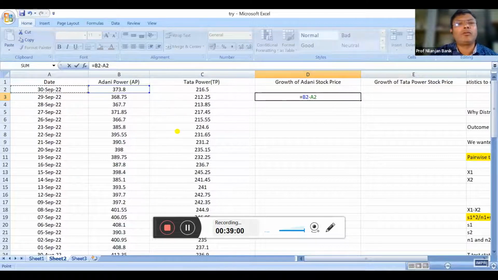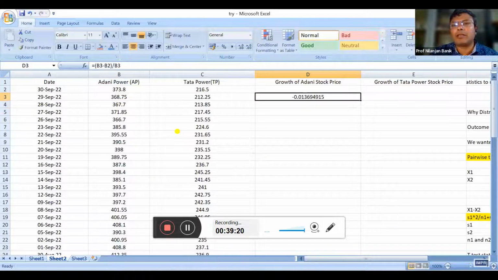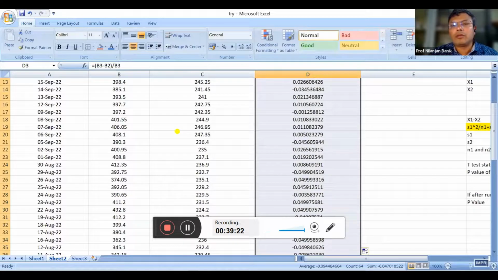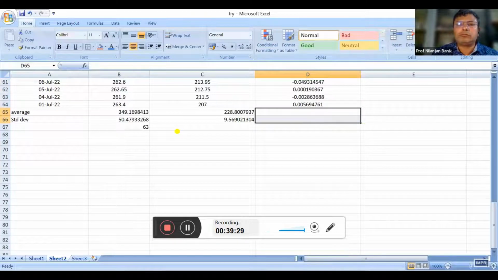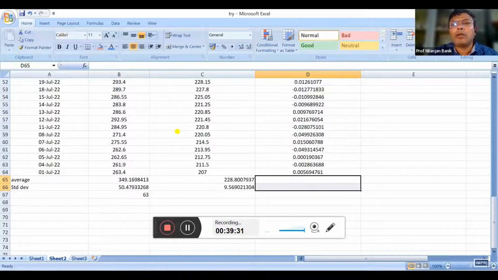So what is the formula for the growth rate? The formula is this one: this one less this, over this one. So this is what I'm getting as the growth rate. Forget about the last 2 lines because I'm not interested in the growth rate there.